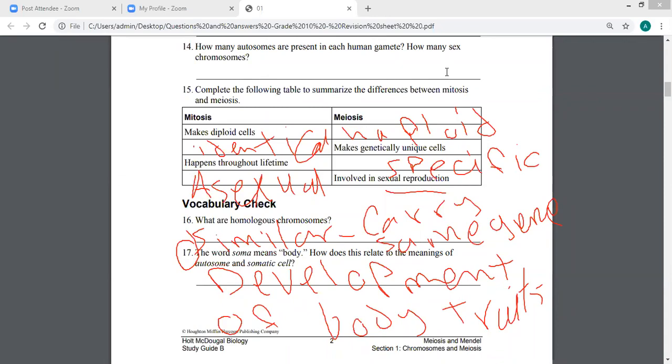So chromosome number 1 in all humans carries the gene for eye color. There may be different colors, but they are similar. So autosomes can't help us to identify the sex of the person, if male or female, but they direct the traits of the body. So that is the importance of the autosomes, the body chromosomes.